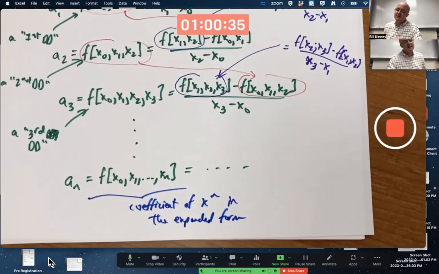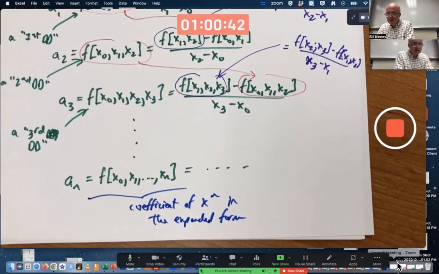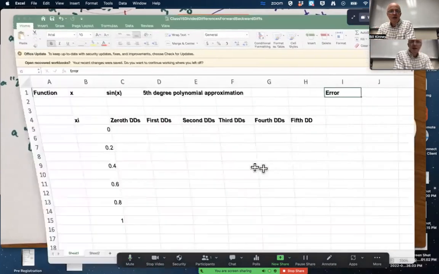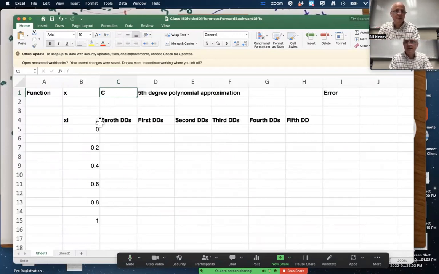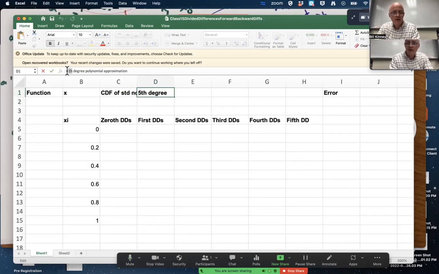All right, it's going to be best to implement this in the spreadsheet. I was thinking maybe I'd have time to do it by hand, but I can see with 13 minutes left, we're not going to. I was going to think about doing the sine function here, but let's change the example to the CDF of standard normal. And we're going to do, once again, a third degree polynomial approximation, not Taylor, but really a Lagrange polynomial approximation.